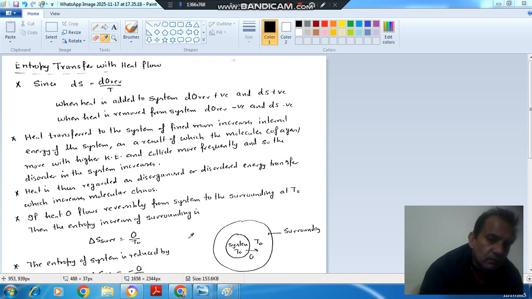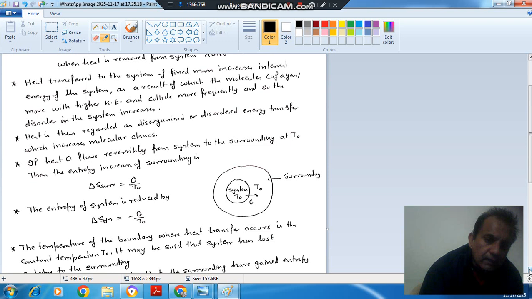Now take an example. This is your system, which is maintained at temperature T0, and this is your surrounding, also at temperature T0, and heat is being transferred from the system to the surrounding. As heat is transferred to the surrounding, the surrounding entropy will increase, and the surrounding entropy is Q by T0.